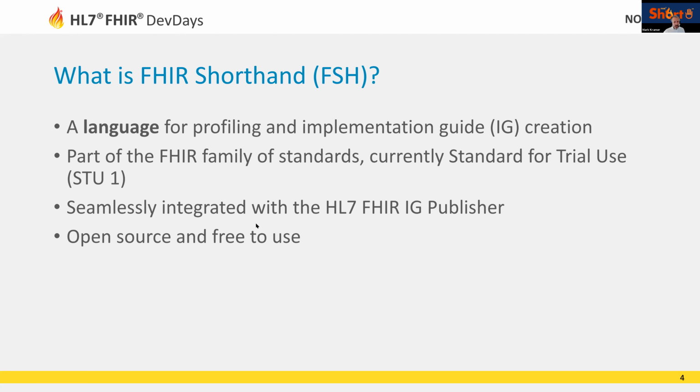So if you publish your IG using the FHIR IG publisher from HL7, FHIR Shorthand and its compiler, Sushi, is directly integrated with the FHIR IG publisher. It's completely open source and it's free to use. So you can do with it as you will.